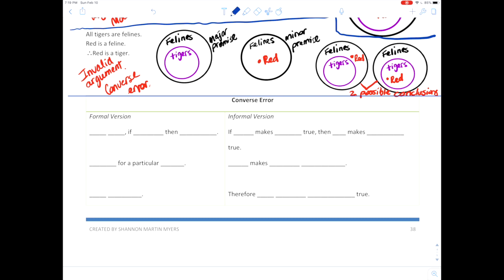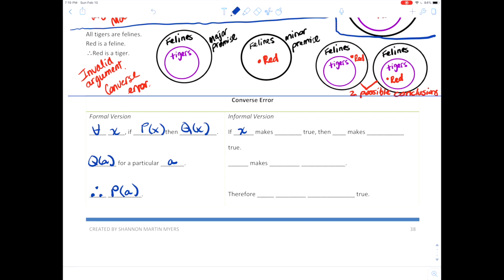All right, so here the formal version would be: for any x, if p of x, then q of x; q of a for some particular a; therefore p of a. Remember, this is an error.